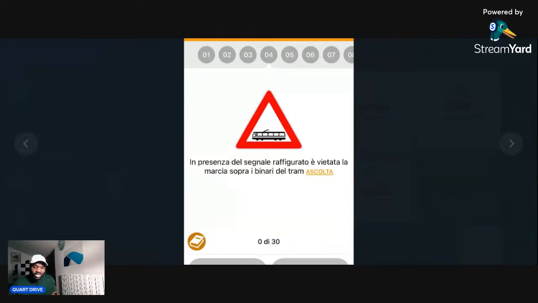You can see this sign in big cities, and it talks about tram movement. It is not vietato: the tram lane, you can pass with your car, you can ride on it with your bicycle, you can pass on it. So number 4 here is not true. It is Falso.